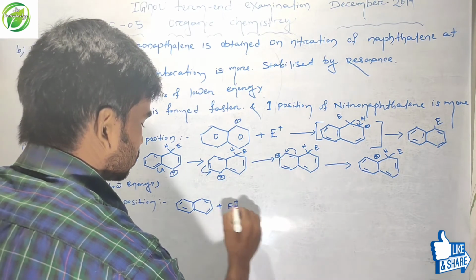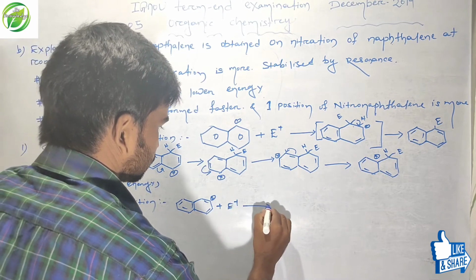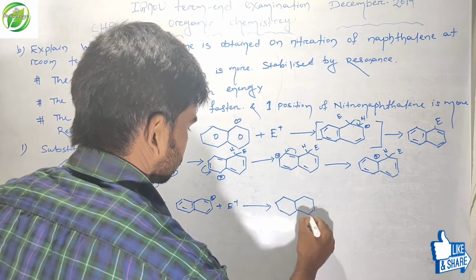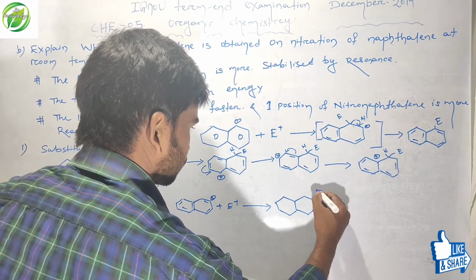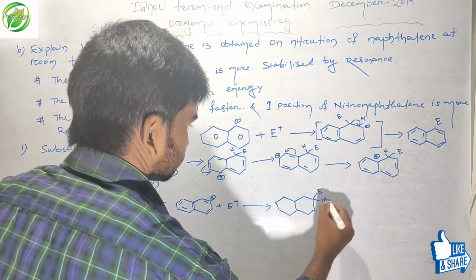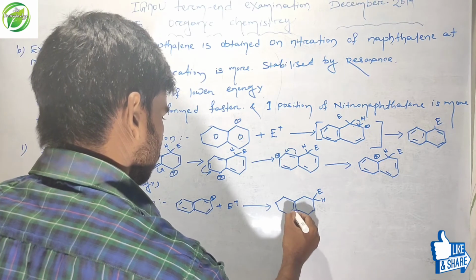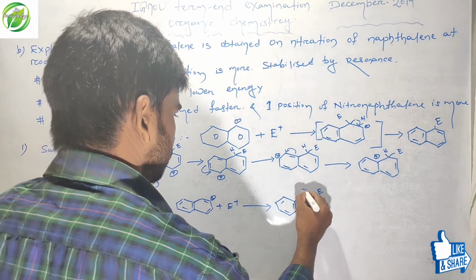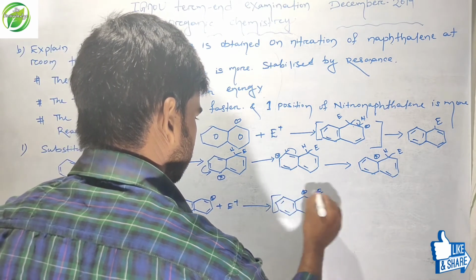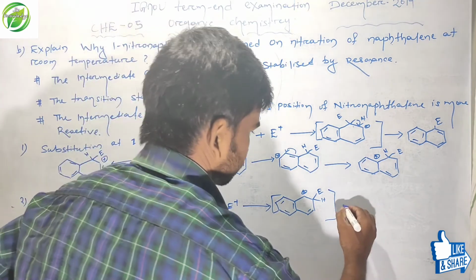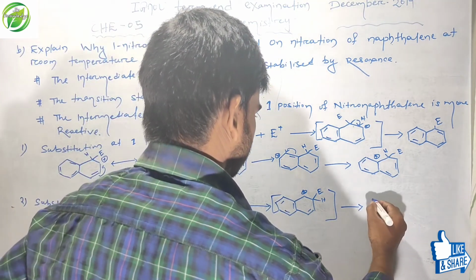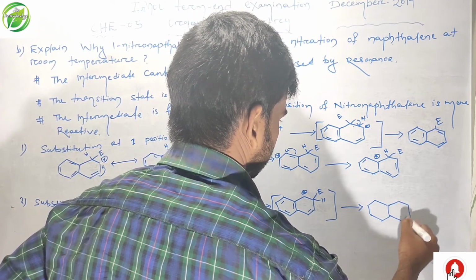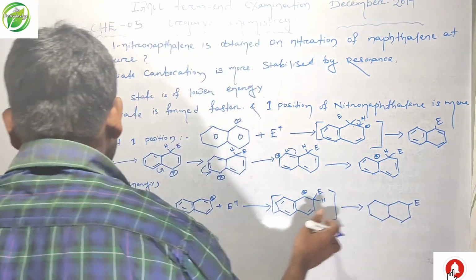This electrophile attacks the second position. This is the second position. Positive charge is formed in this place. That is E.